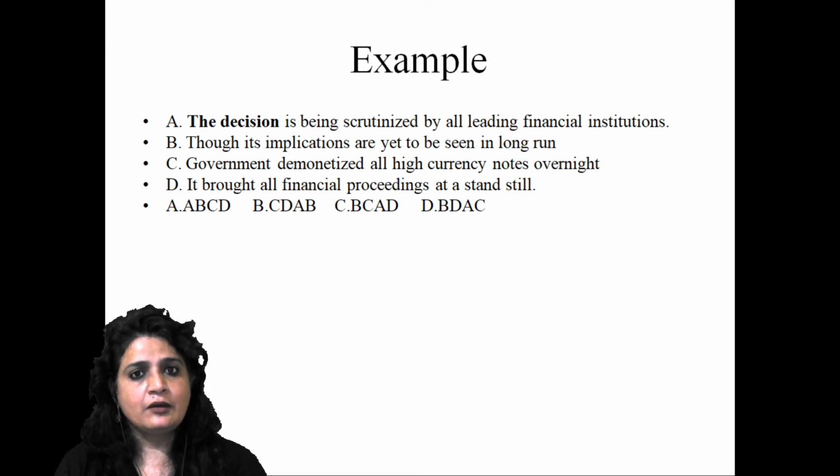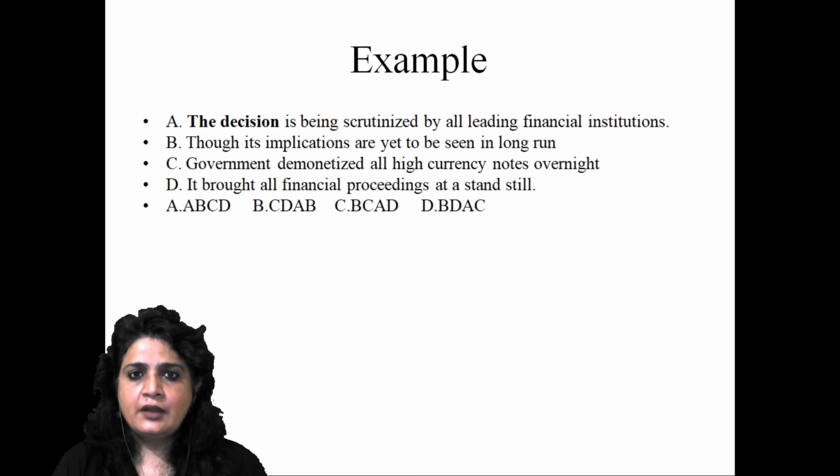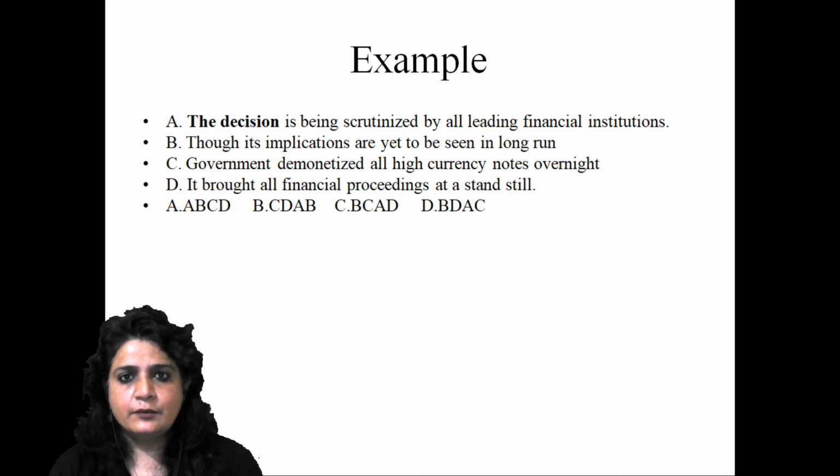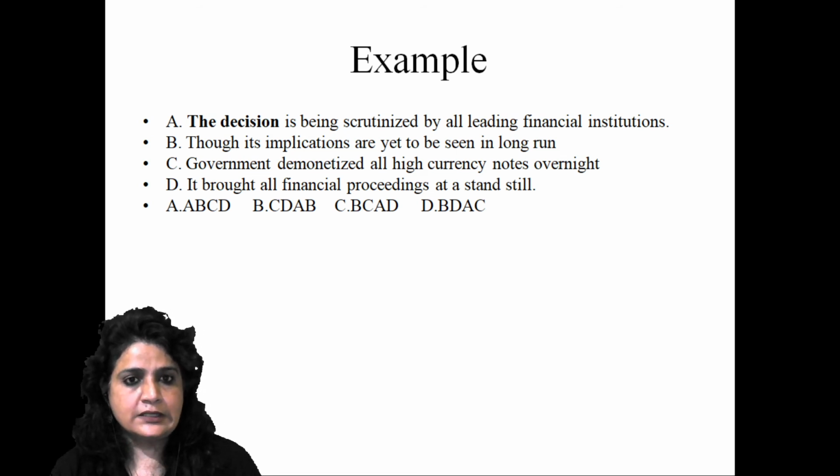A cannot be the opening statement, hence you can eliminate A as an option. Now this decision has to be linked with another statement. You have to find that statement very quickly, browse through the sentences and come up with a sentence which is connecting with the decision.